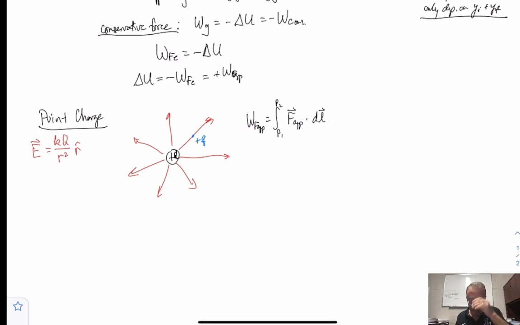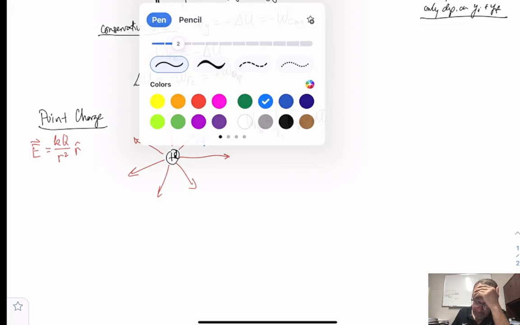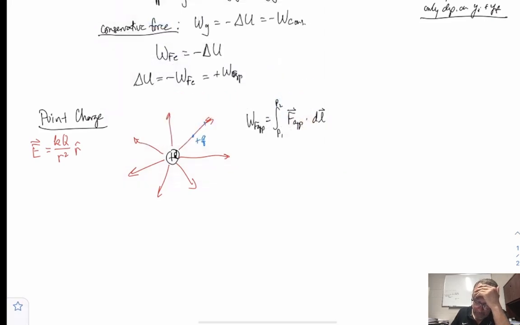So now let's be specific, and let's say we're going to move this plus q from this starting position R1, like that, to this ending position here, R2.